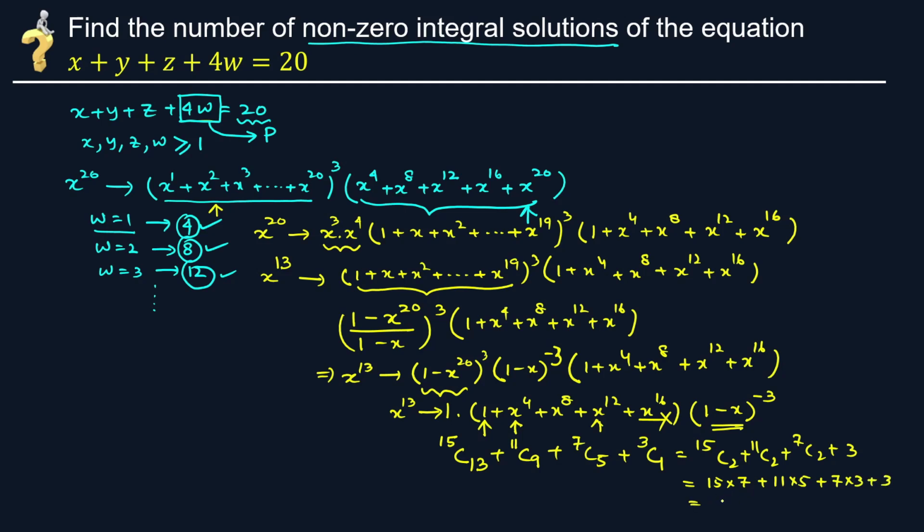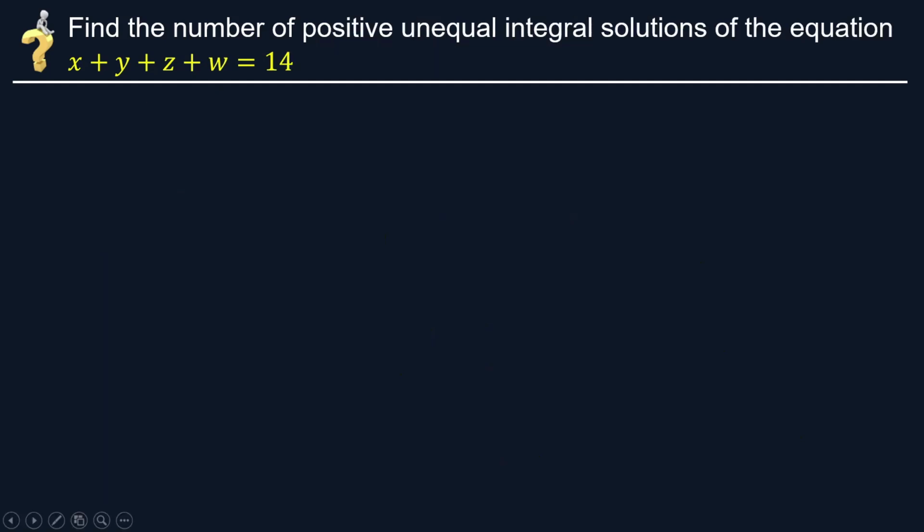So this gives us 105 plus 55, 21 plus 3, right? So 160, 181, 184. And that should be our answer. Thus the answer is 184. I hope it is clear to all of you, right? Let's move to the next problem.